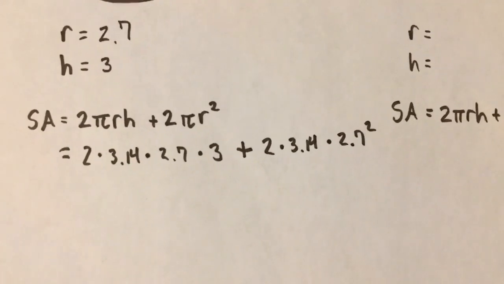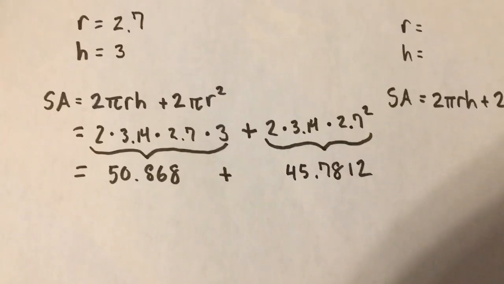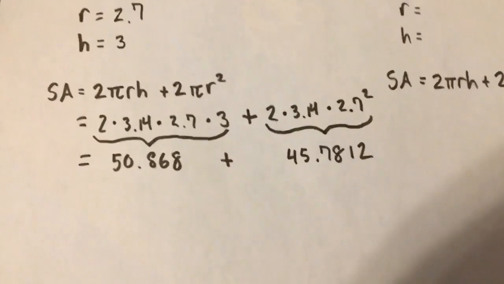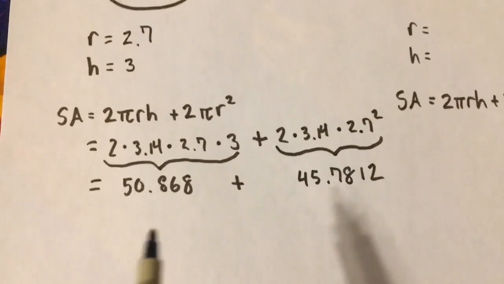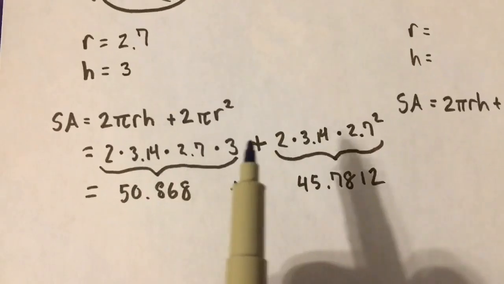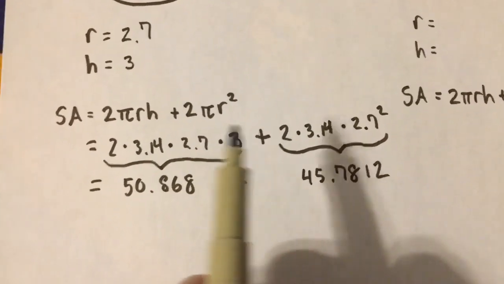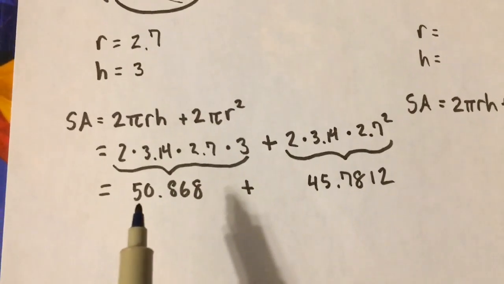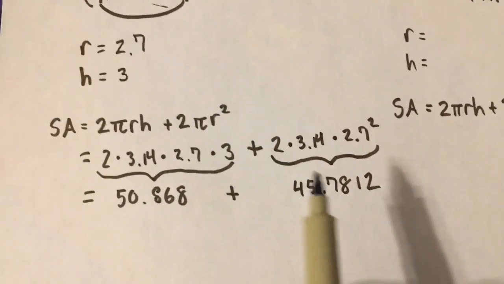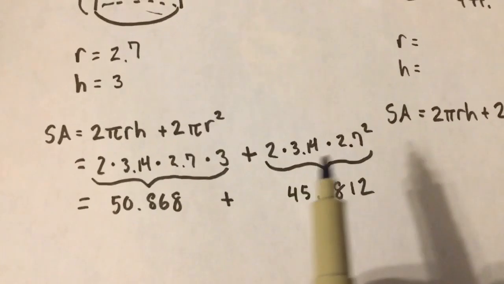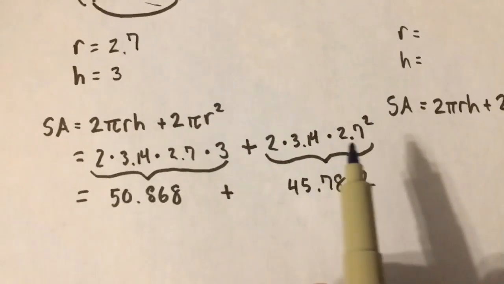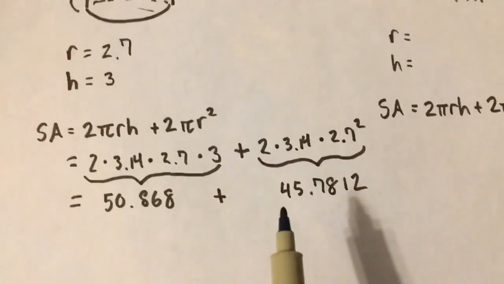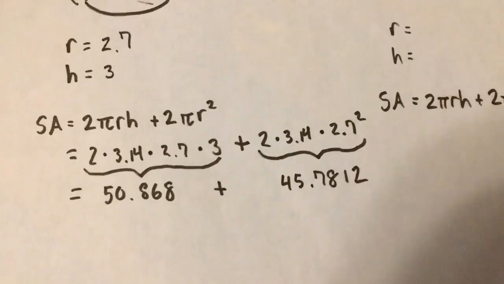I went ahead and saved us some time with the multiplication and worked this out in my calculator. So the left part of the formula, this step before the plus sign, gives us this product, 50.868. And then when we multiply these values together, and don't forget to square that number right there, we get 45.7812.